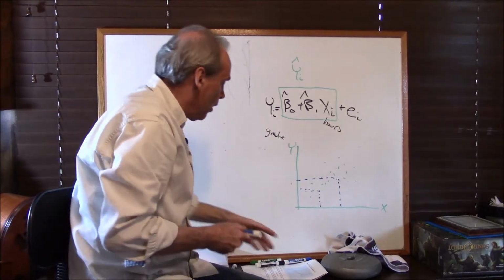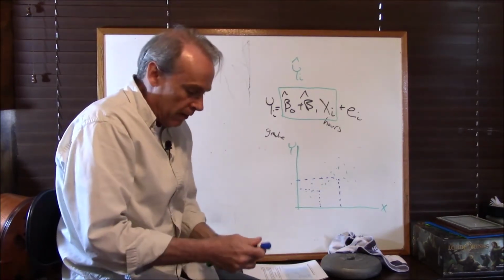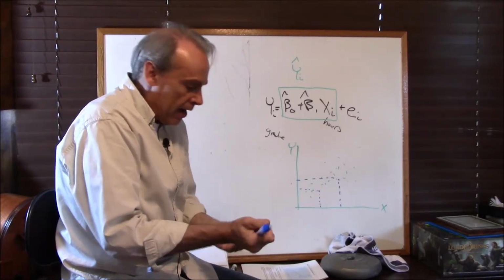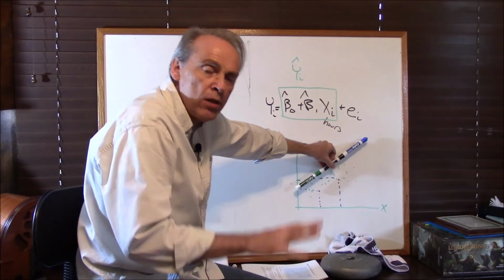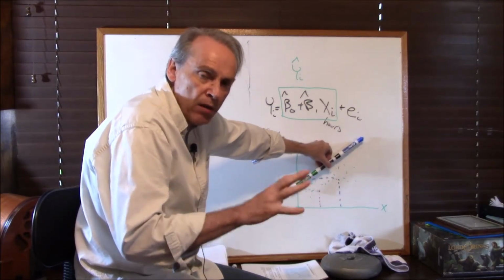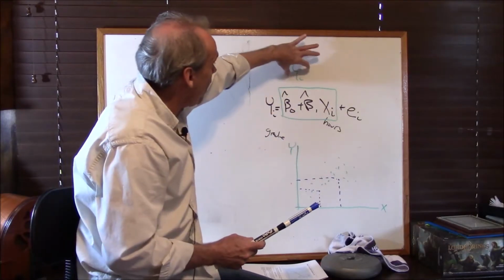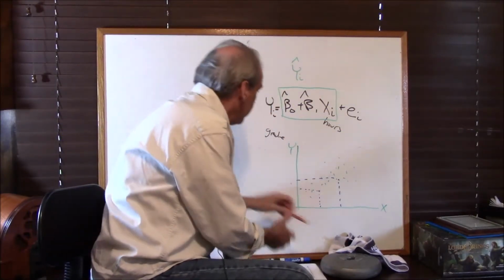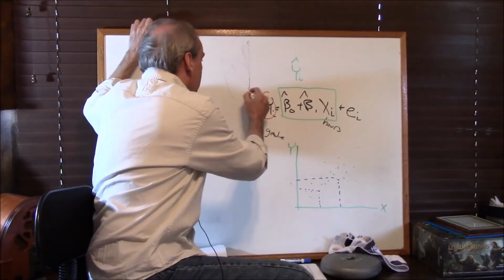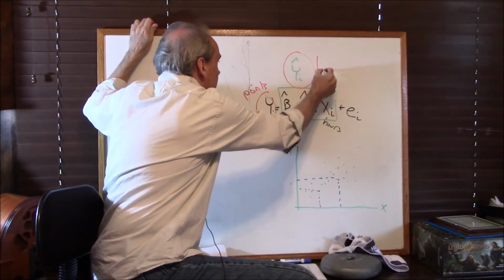Well, when the computer is trying to place that regression line inside those points, it's of course trying to make it to where the points are as close as possible to the line. Let me mark that on here. These are the points and that's the line.